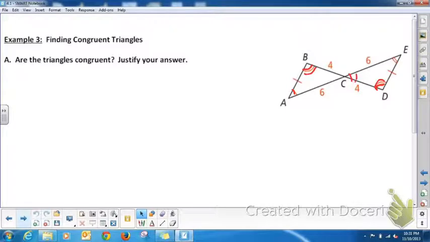We do, because these are vertical angles. We're also given that segment AB is congruent to segment ED. We're also told that BC is 4 and DC is 4. Therefore, they're congruent. And AC equals 6 and EC equals 6. So, are these two triangles congruent? Yes, because all of their corresponding parts are congruent.